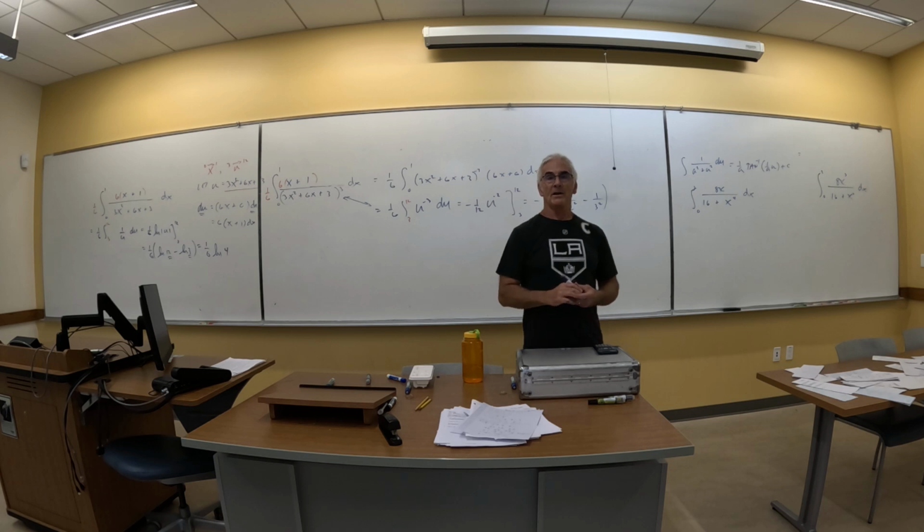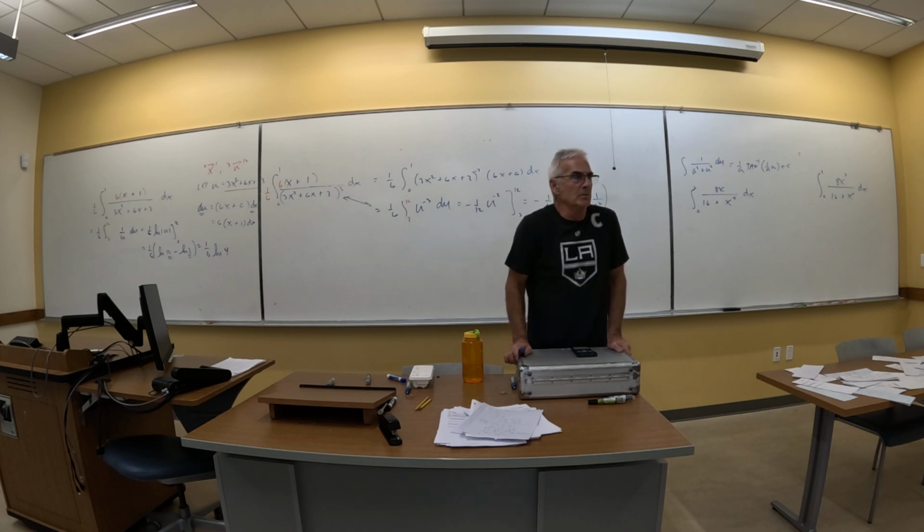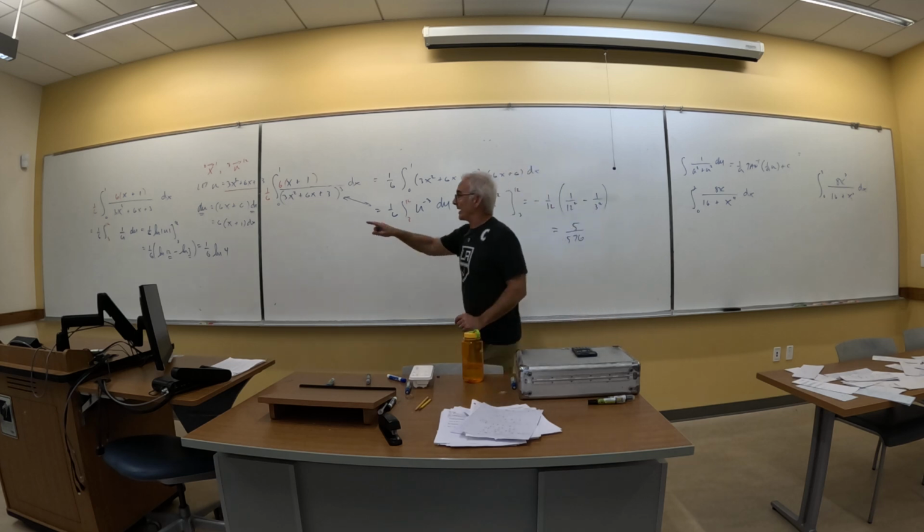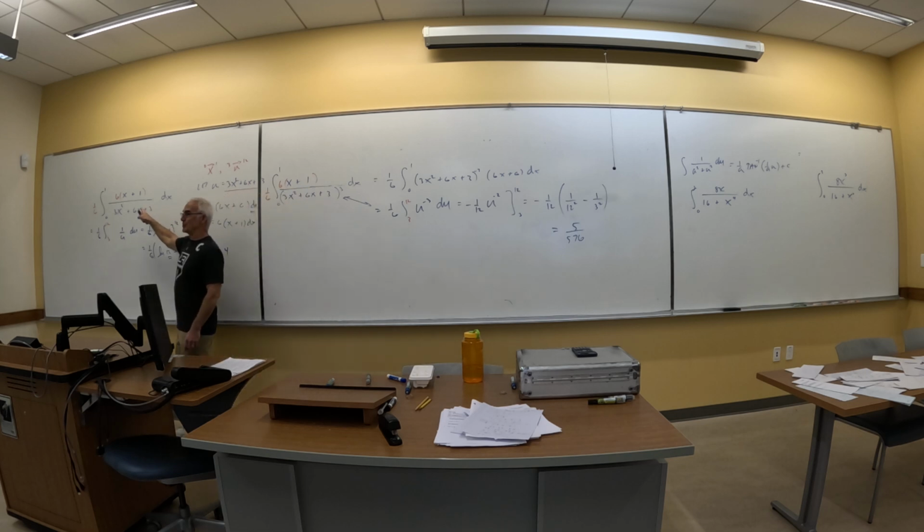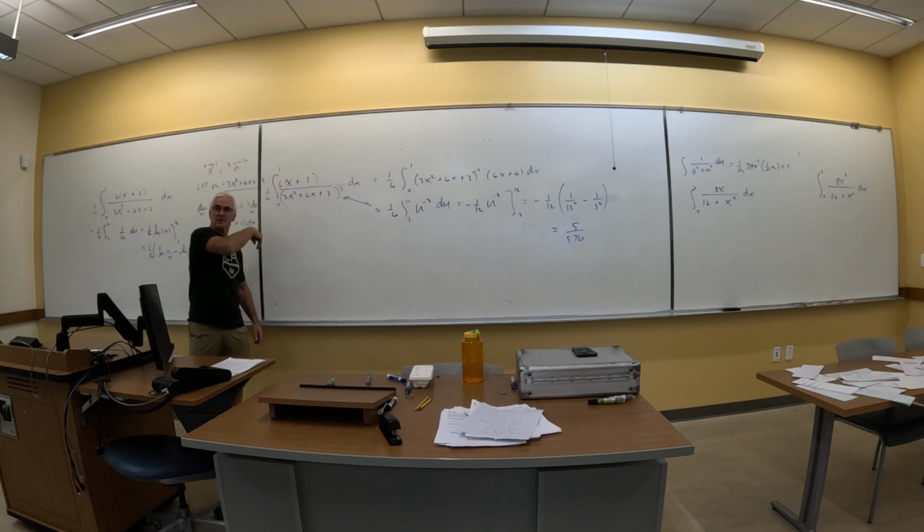There is a priority, and I want you to realize that if you use this priority, it will make your life easier most of the time. When I see a quotient, and by the way, this was a quotient, but this had no exponents in the denominator. The fact that I had exponents in the denominator meant almost certainly this had to be of the form u to a power.